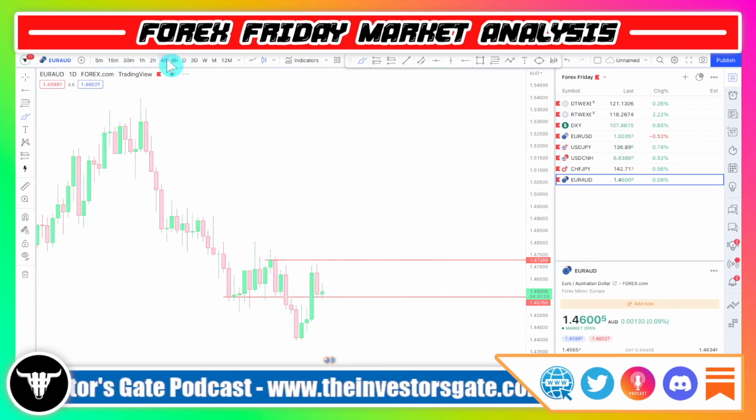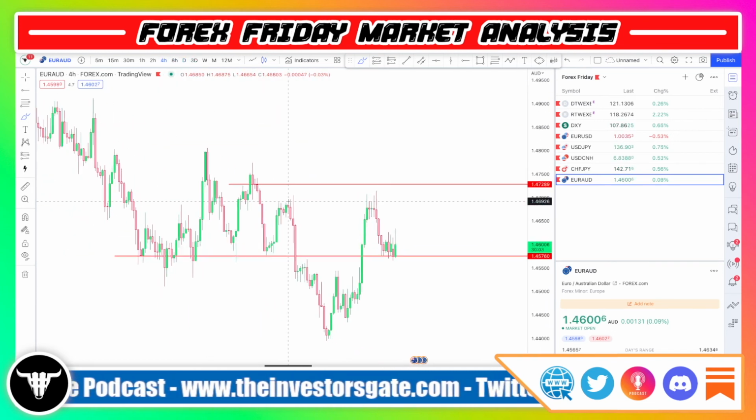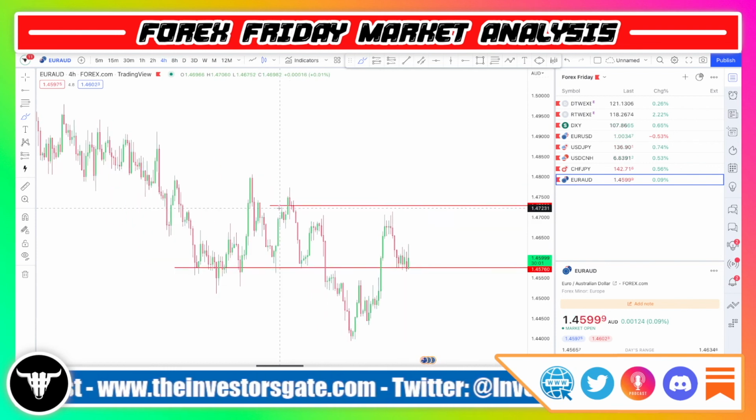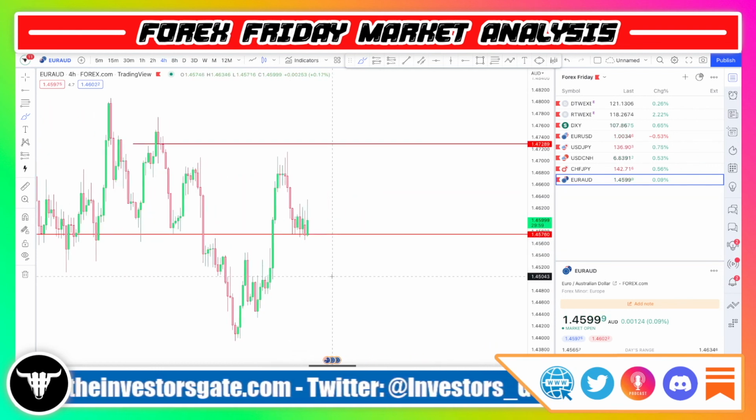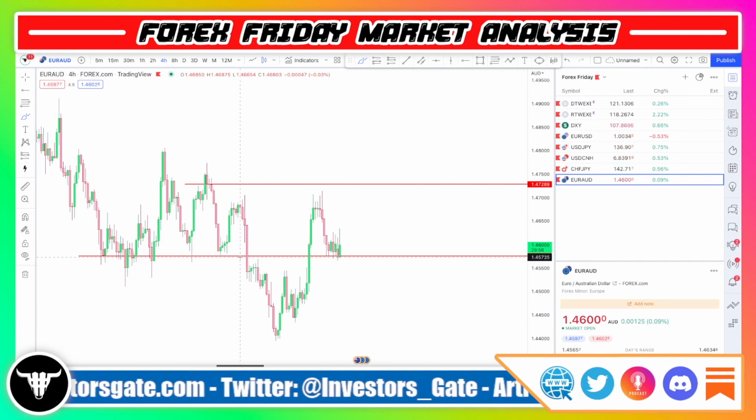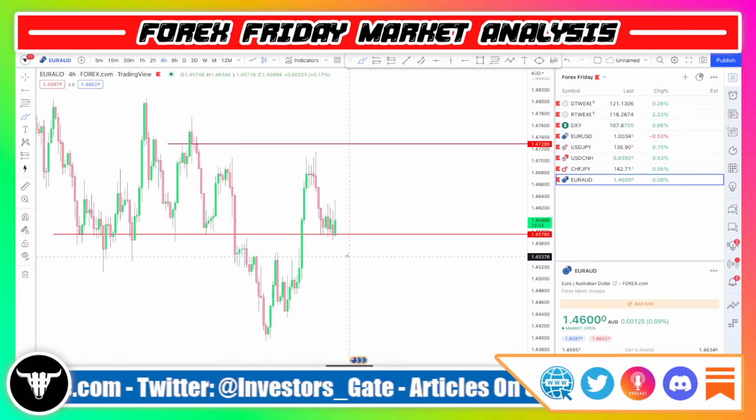And let's drop down to the 4-hour chart. Okay, yeah. So you can tell that we are definitely using this level right now as support. This would be a key level to watch.